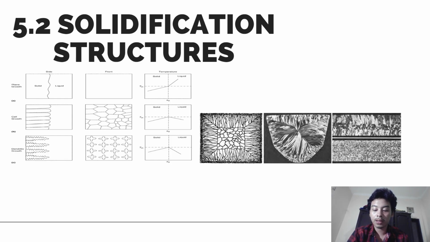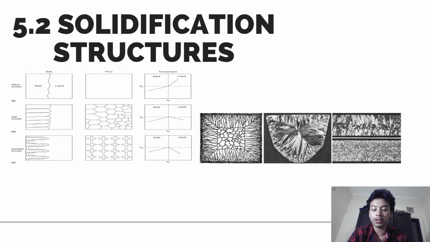Cellular growth, as illustrated in picture 5.5, occurs when the advancing planar solid-liquid interface becomes unstable and a small spike appears on the interface that then grows into a cellular type structure. The planar surface becomes unstable because any part of the interface that grows ahead of the remainder enters a region of the liquid that is at a lower temperature.